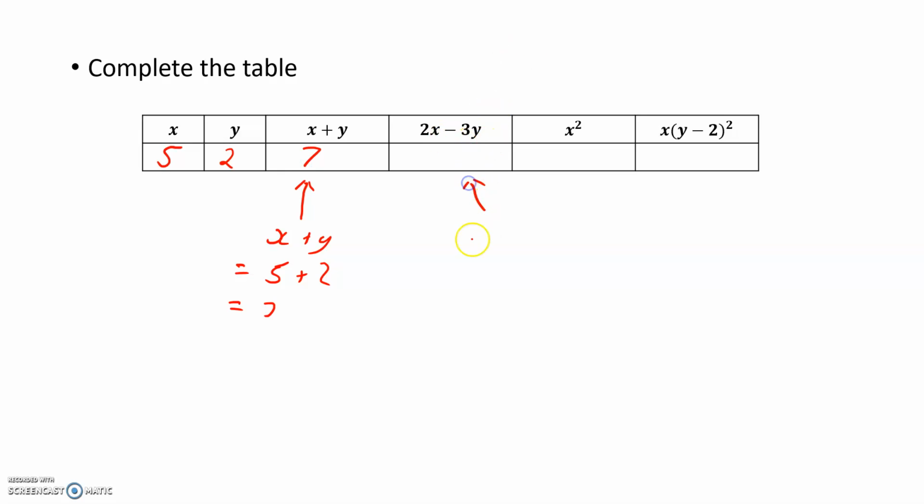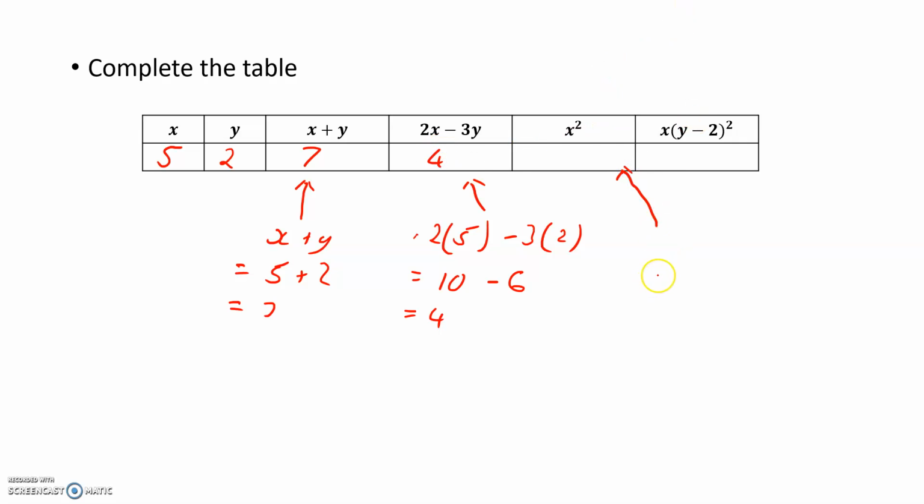This one here, 2x, so 2 times 5, take away 3y, and y was 2. Then your next step, 2 times 5 is 10, take away 3 times 2 is 6, 10 take away 6 is 4.